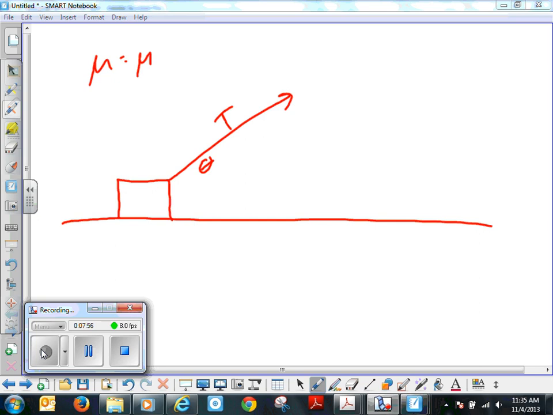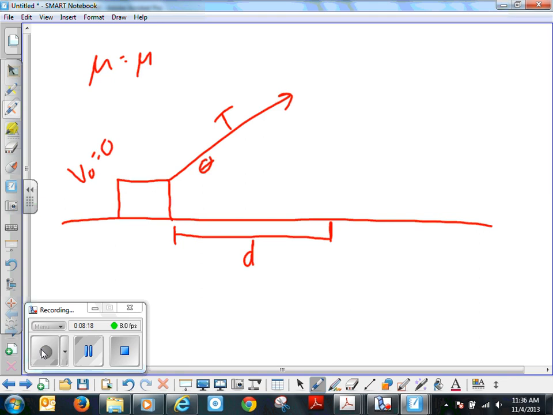Okay, here's another situation. We're talking about work done. So if we're talking about moving this crate a distance, or a displacement, and we're trying to figure out how much work is done here. Or maybe we're trying to figure out how much velocity we have at the end of this. If we say that v sub naught equals 0, we could figure out a velocity here too.